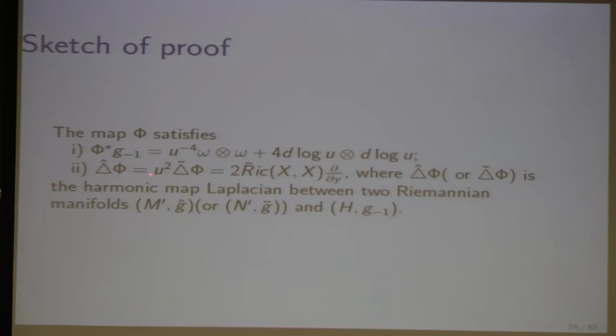This is the computation. Here Ricci bar is the Ricci curvature of the Lorentzian metric. If lambda equals 0, then this is 0. So maybe I use a different notation. Can you see? I'm sorry for that. So this map is harmonic.